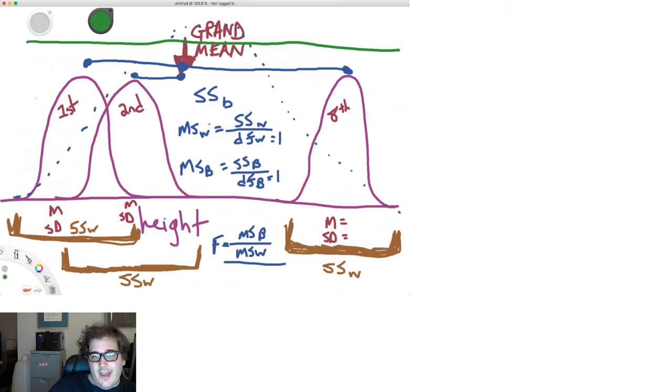If first, second, and eighth grade are all next to each other, mean square between would be very small. And conversely, mean square within would be quite large, because if these three fat distributions all lived next to each other in one closed off little space, then this would be a small number.